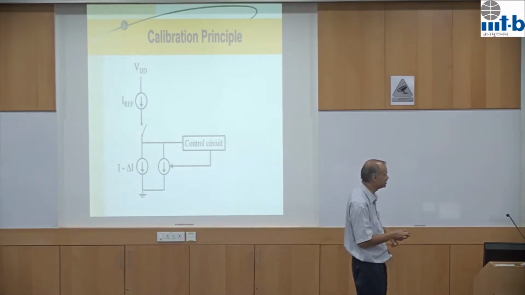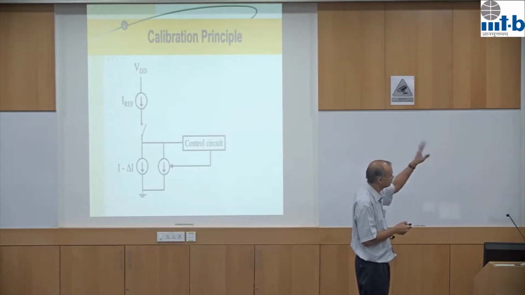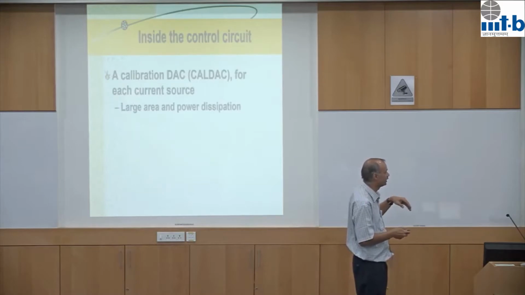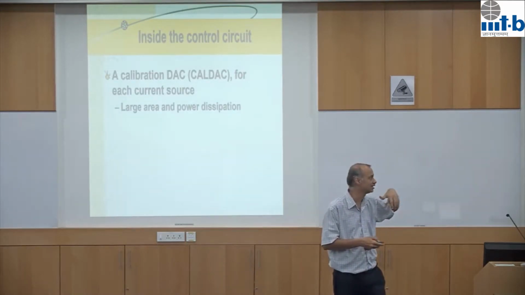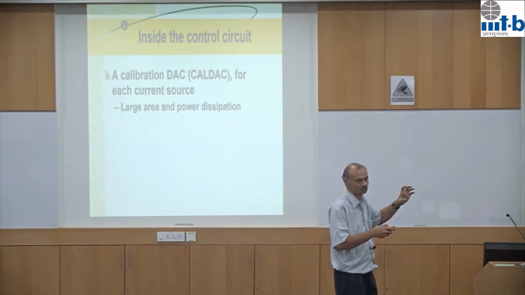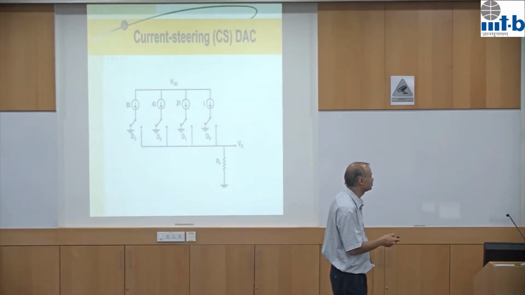So this is a basic scheme of calibration. Of course, what goes inside this is a different story, it varies. There had been proposed in the literature a scheme where there was a calibration DAC for each of these current sources.